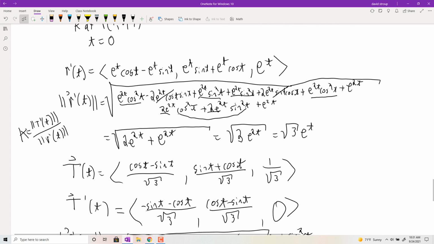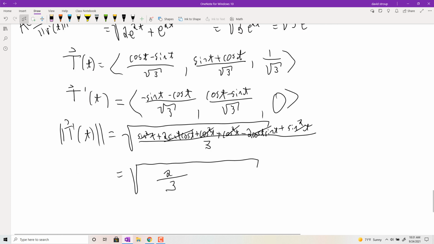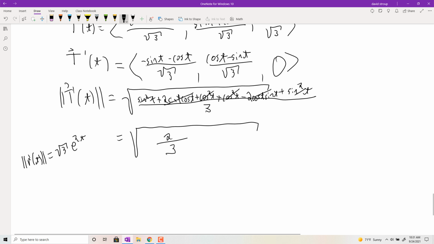So the magnitude of r prime of t was root 3 e to the 2t, I think. Root 3 e to the, no, just root 3 e to the t.